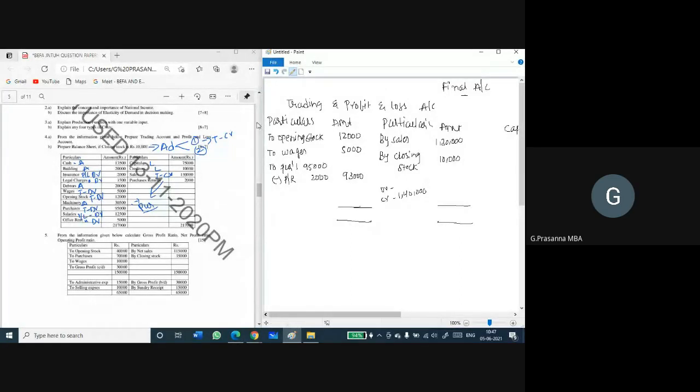So total of debit is 1,10,000. So now here you can see credit side total is highest. Credit side total is highest.